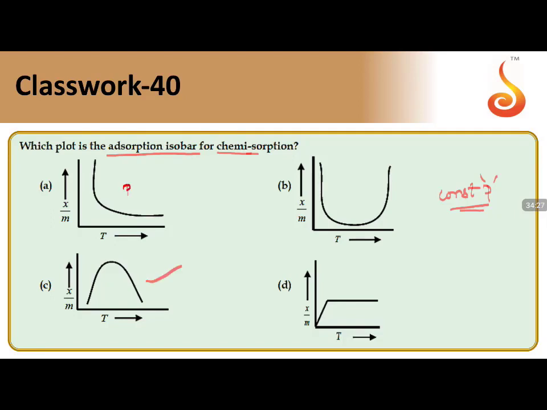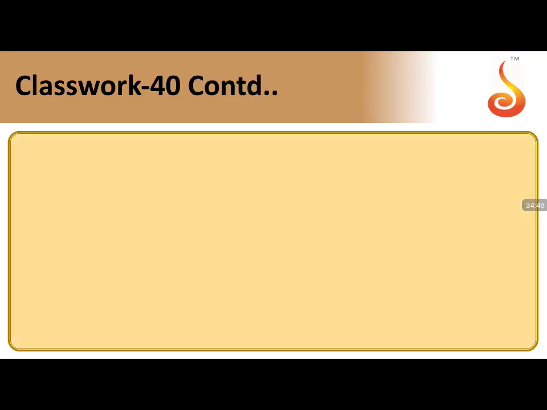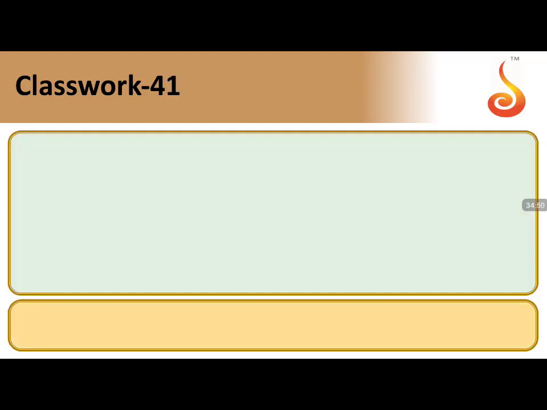This one is for physisorption and this one is for chemisorption, and this is the wrong one. This one is not with respect to temperature; it is X by M versus pressure, the Freundlich adsorption isotherm. So that is wrong here. The answer should be option C. Very good.